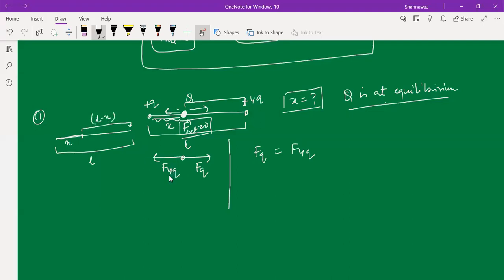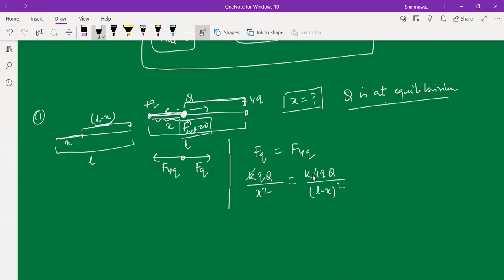To use the Coulomb force, we only need to know the separation, right? So FQ is how much? The separation is X and the charges are Q and Q, so FQ is KQQ by X square, and this is equal to F4Q, which is K4Q by, and the separation is how much, as Aisha said, L minus X square, right, guys?